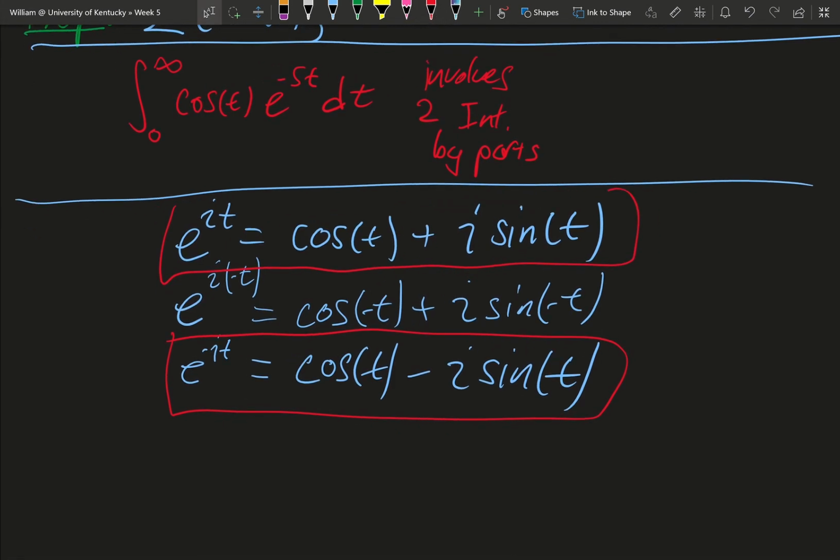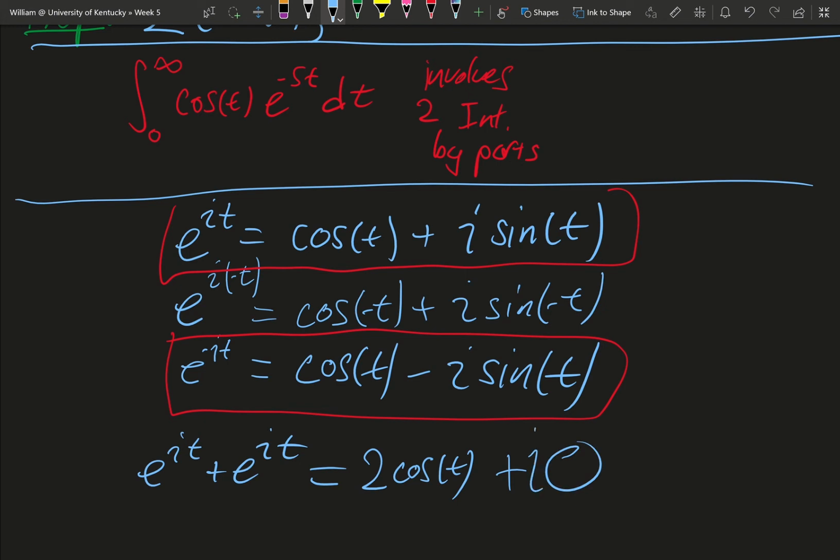And so what happens if I add these two things together? Well, I just add the top to the bottom. So I get 2 cosine, and then I add i sine of t and negative i sine of t, so plus i times 0, which is still just 0.